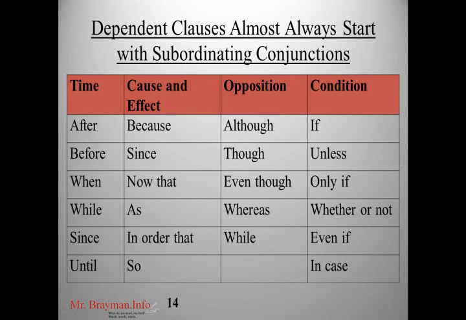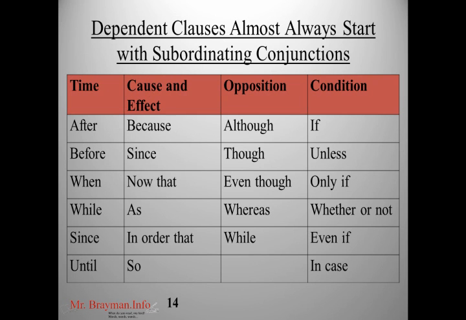Right? Dependent clauses, they're not easy to spot, but if you recognize that they almost always start with subordinating conjunctions, they'll be a lot easier to see. And I don't expect you to memorize this list, although over time you'll just recognize common subordinating conjunctions like "because" or "if."